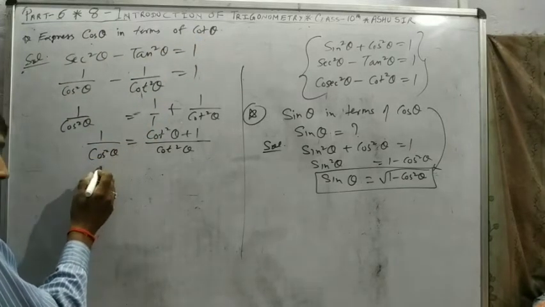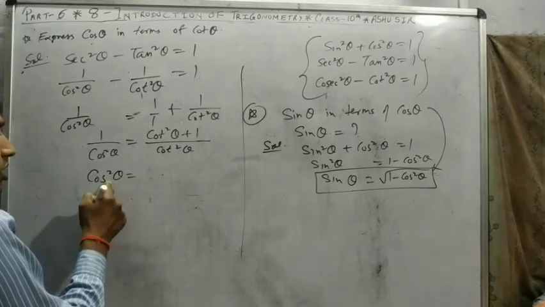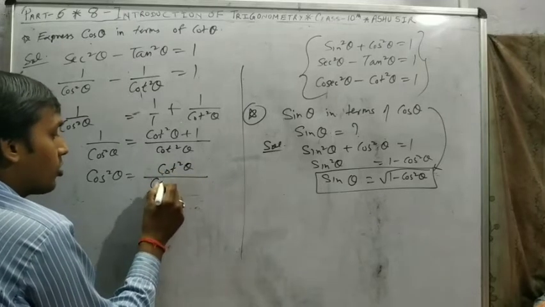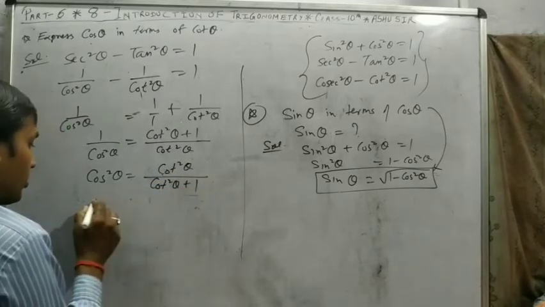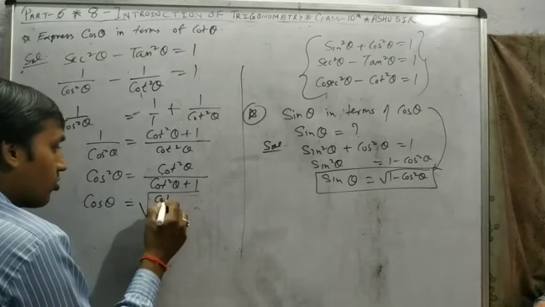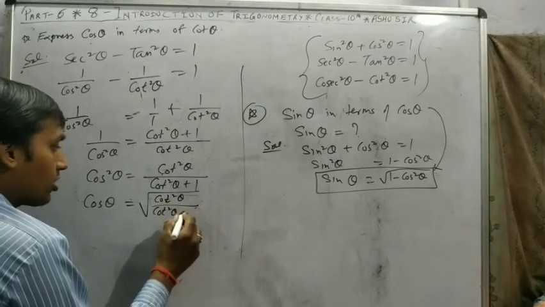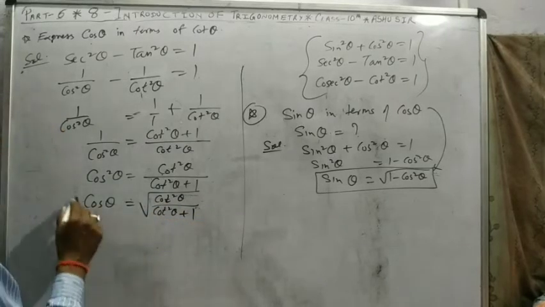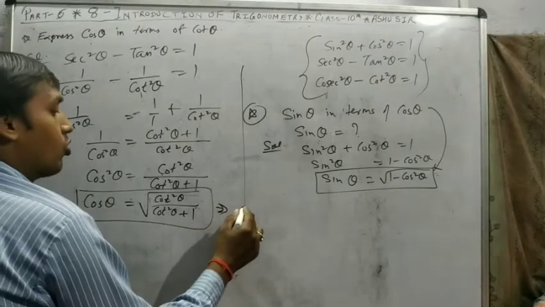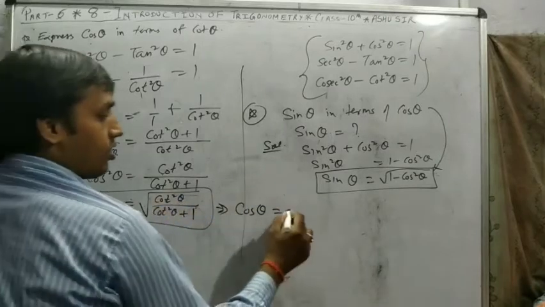But here it is 1 upon cos square, so take the reciprocal of both sides. So cos square theta is equal to cot square theta upon cot square theta plus 1. So cos theta is equal to root of cot square theta upon cot square theta plus 1. You can leave this, or you can simplify one more line, that is the square root is solved.